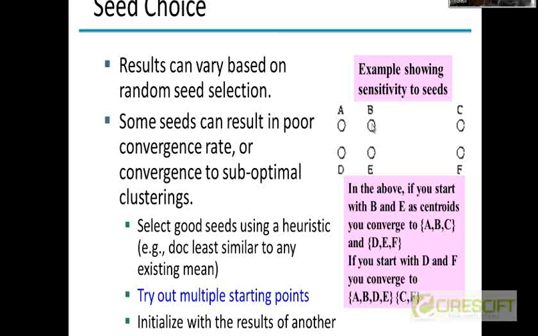If this is red, then this document is closer to it than to the other, so this would become red also. Likewise, this document would have been closer to this red seed than to the blue seed, so this would have become red. So these three would have been red, and by the same reasoning, these three would have been blue, because D and F are closer to E than they are to the blue seed B.